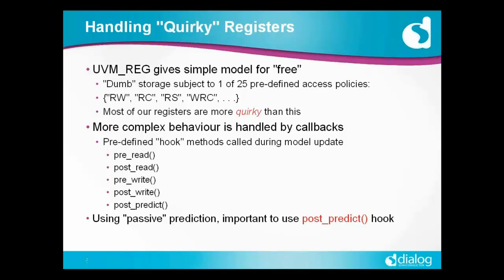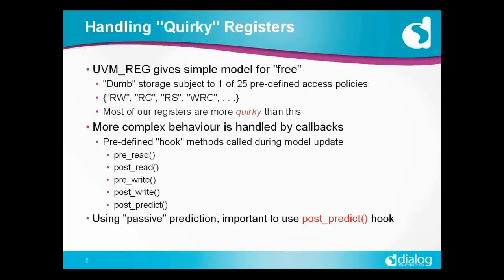So what you get for free is a simple model that is talking about the access policies. It's dumb storage subject to one of 25 predefined access policies, things like read, write, clear on read, set on read, write, read, clear. I don't know what that does, but these sort of things. But actually most of our registers are more quirky than this, to coin the phrase.